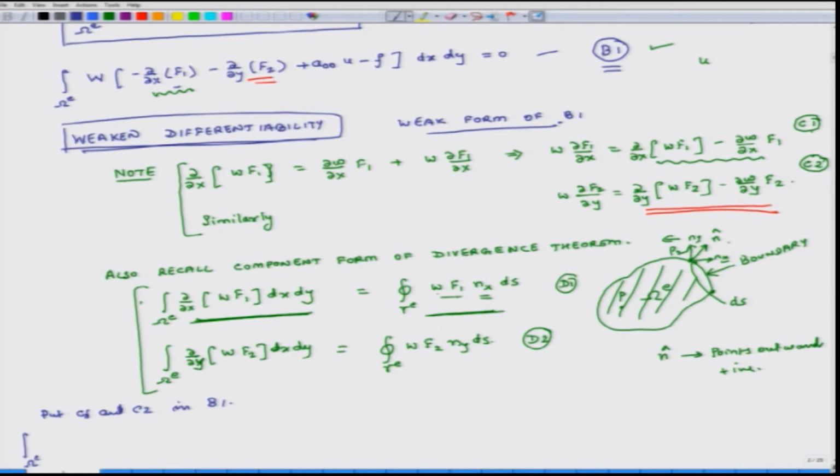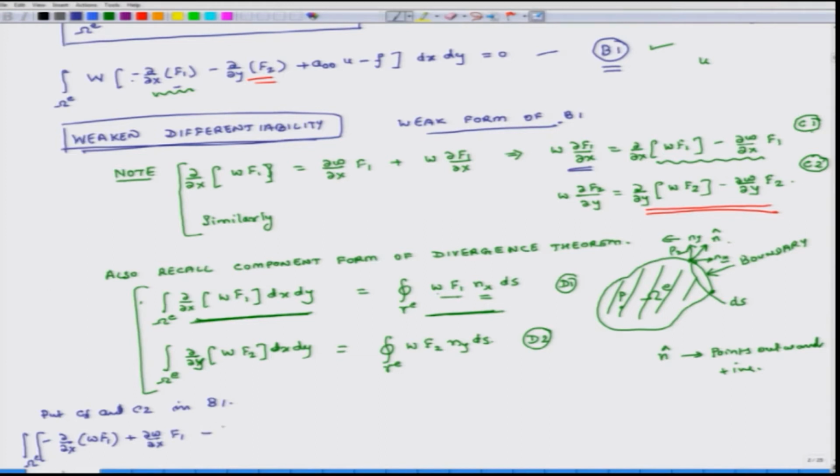So, W times del over del x of F1, this is this term. It gets replaced by this thing, and there is a negative sign here. So, I get minus del over del x of W F1 plus del W over del x times F1. I have put C1 in equation B1 and then I put equation C2 in equation B2.